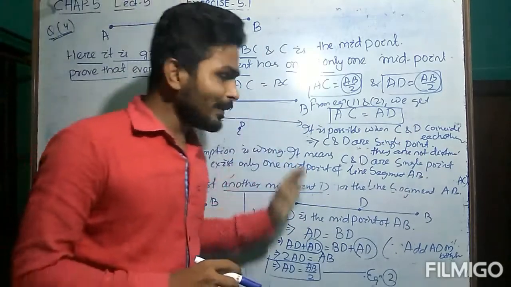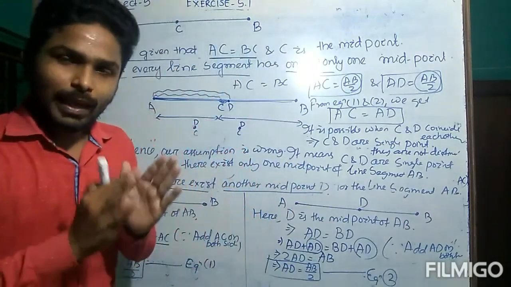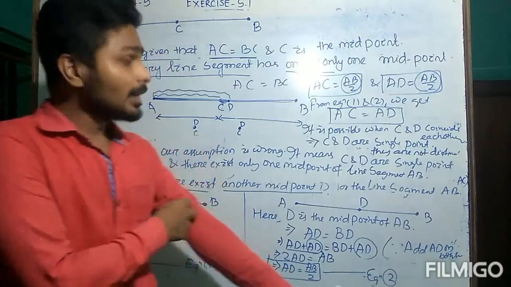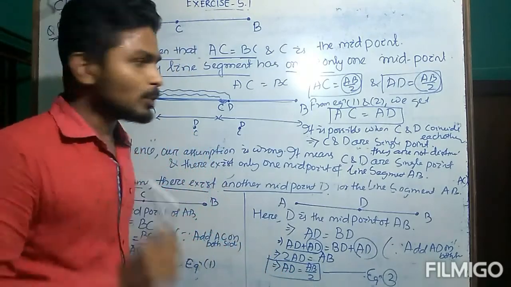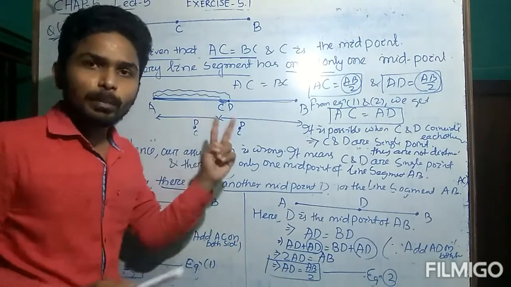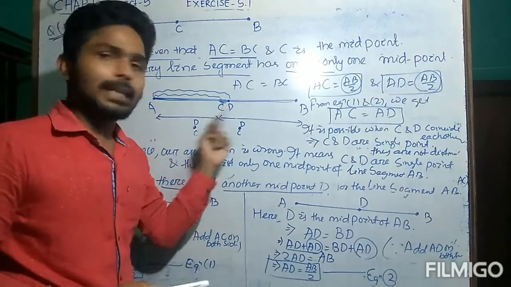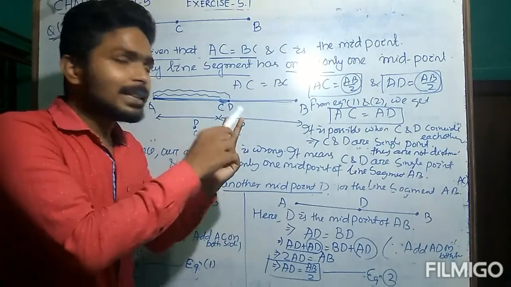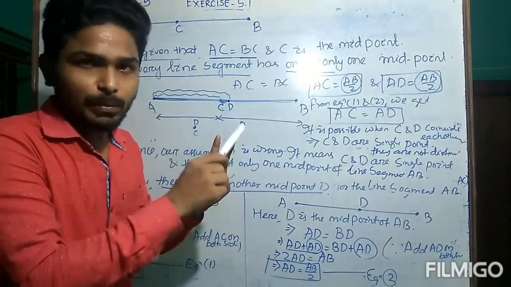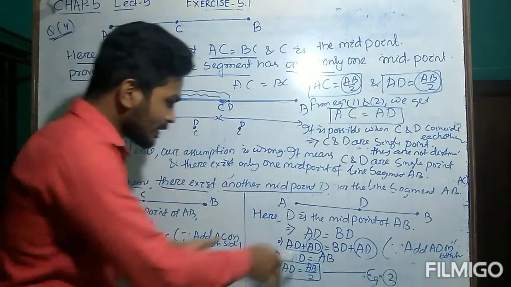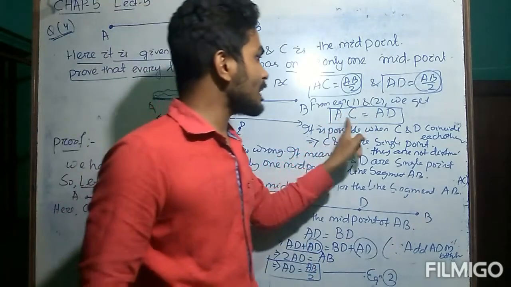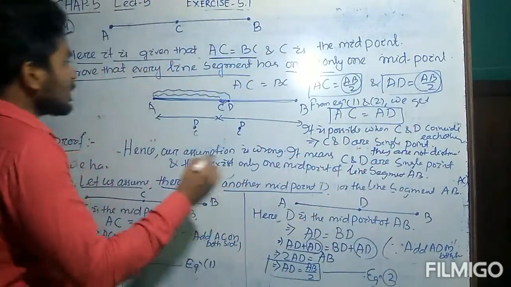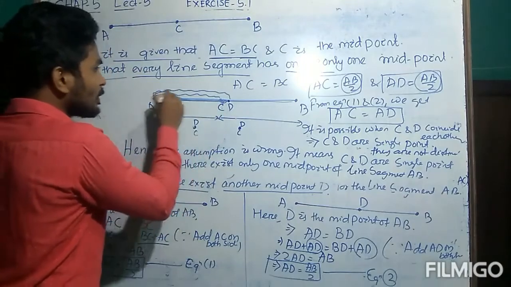So in order to prove it, you first have to use the contradictory method. In the contradictory method, you assume that there exist two midpoints: another midpoint D, and these two midpoints are distinct points. First you have to assume it. Now by this solution, you finally get that AC is equal to AD, meaning this length is equal to this length.